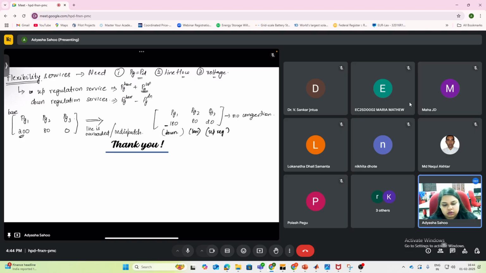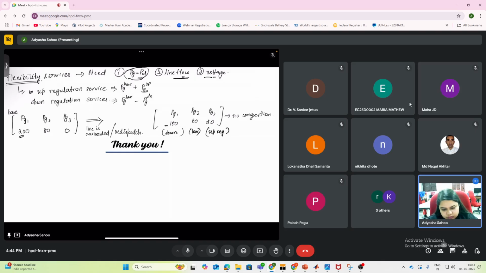Similarly, you can have different applications to maintain the voltage or the power balance, and depending upon the need, the name of the service changes.